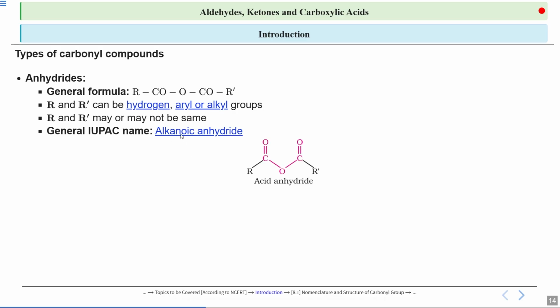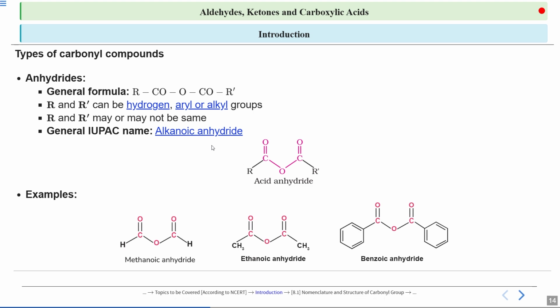So if you look over here, this is acid anhydride. As I told you, if you remove water from 2 carboxylic acids, you get an acid anhydride. So this is R, C double bond O, O, C double bond O, R dash. So if I see the examples, then this is methanoic anhydride. This methanoic anhydride is formed from formic acid.